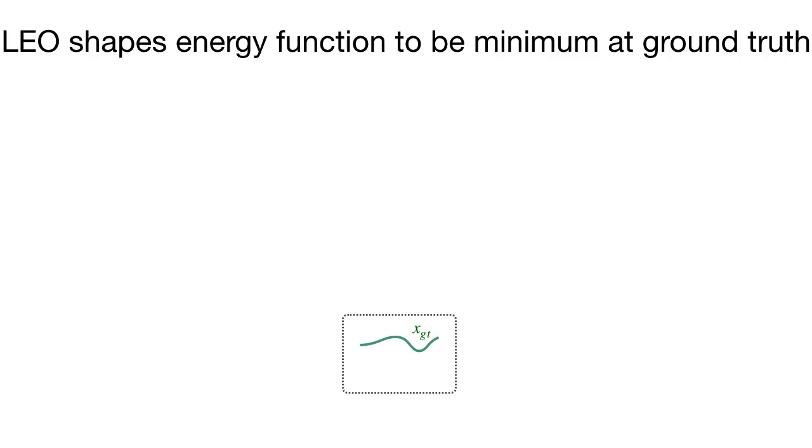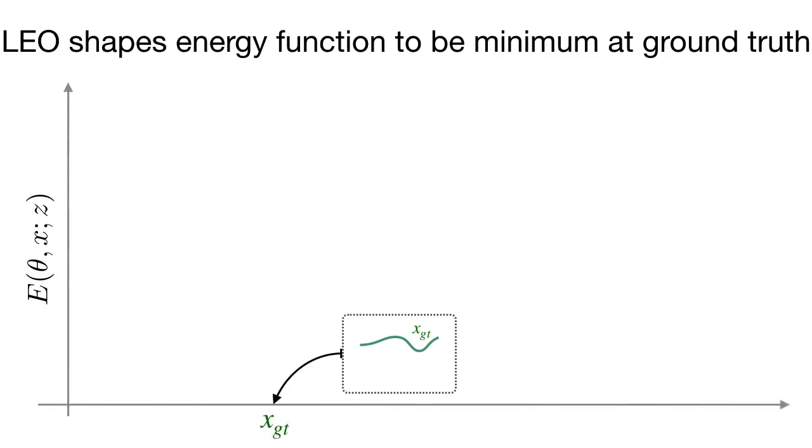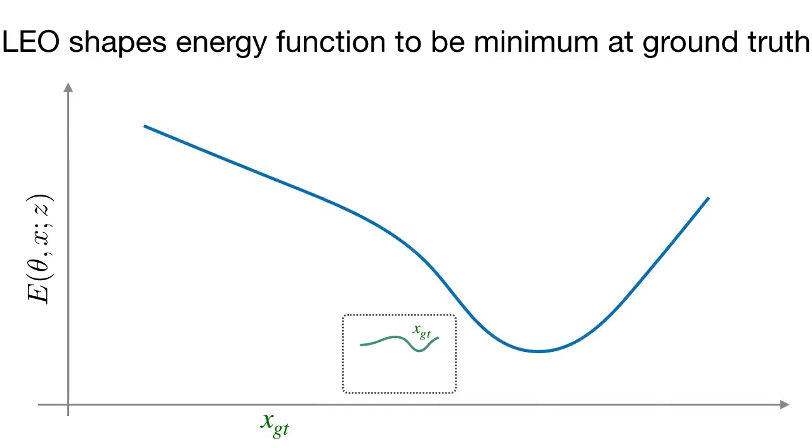Let's start with the ground truth trajectory xgt. To easily visualize the energy function, we will collapse the trajectory down to a single axis. Now let's initialize with a random energy function. Note that the ground truth xgt is far from the minima. LEO begins by sampling trajectories x hat around the minima by invoking the graph optimizer.